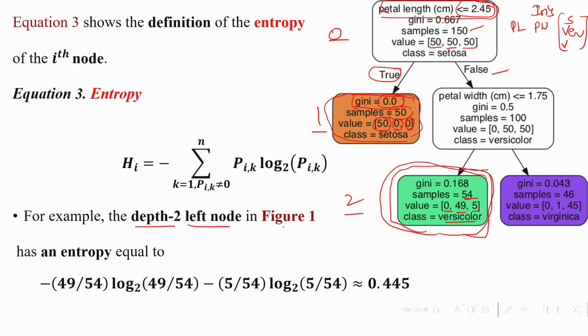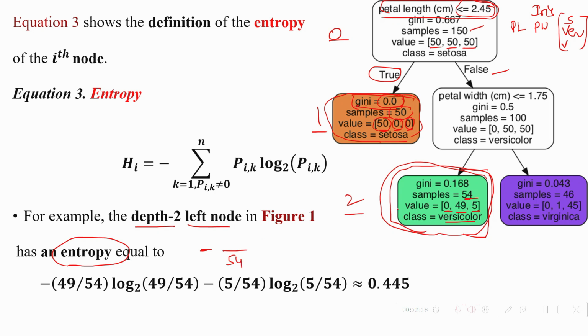So here we have the formula called entropy equal to minus of sigma k equal to 1 to n, pk not equal to 0, pk log2 pk. That means we are going to find out the entropy. The total number of elements is 54.